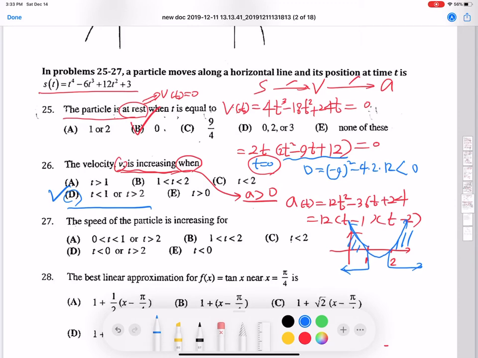Number 27, speed. Okay, the speed of the particle is increasing. Speed is the absolute value of velocity. So you need to find the absolute value of the velocity function. So the speed function is equal to the absolute value of 4t cubed minus 18t squared plus 24t.